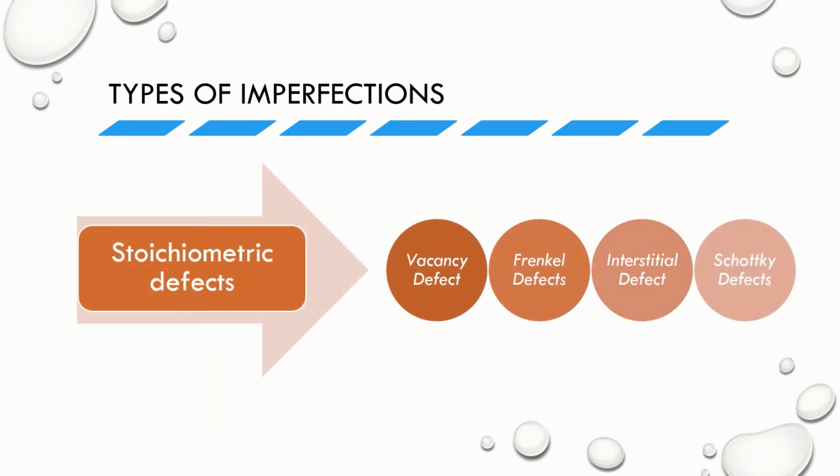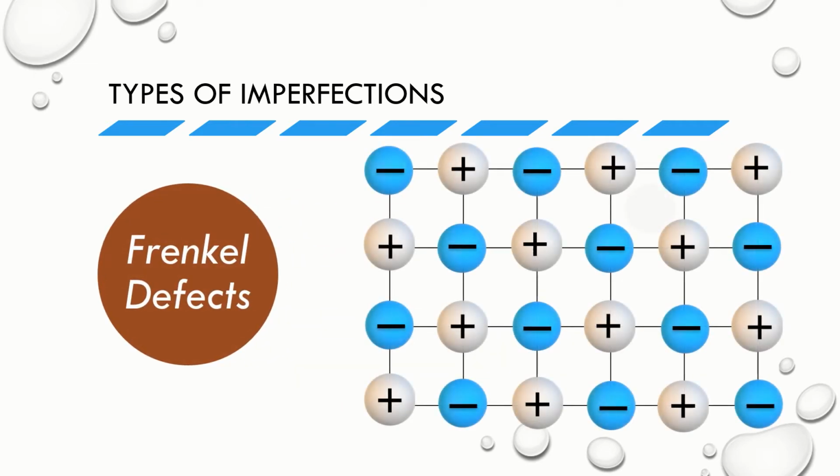remains the same. Frenkel defect: if an ion is missing from its lattice site and causes a vacancy or a hole there, and it occupies the interstitial site, the electrical neutrality as well as the stoichiometry of the compound are maintained. Now, this is called Frenkel defect, and this is a combination of vacancy defect and interstitial defect.